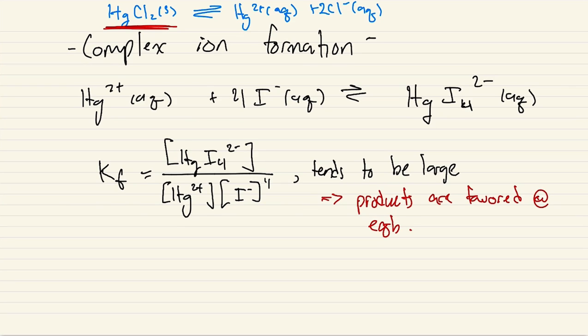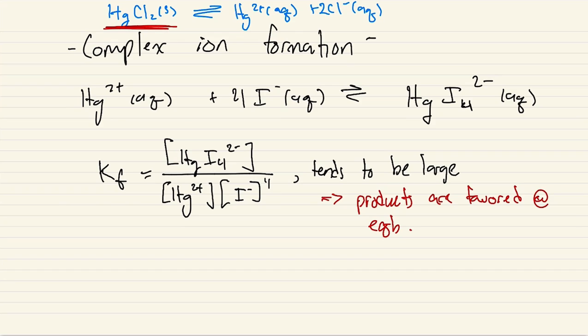Right. If this is very favorable to form, that means you want to make as much of the complex ion as possible. And if you're doing that, what are you doing to the concentration of this ion here? You're decreasing it, right? And that's also in this reaction here, so if you're decreasing this, what are you doing to the concentration in this reaction as well? Decreasing it as well, right?